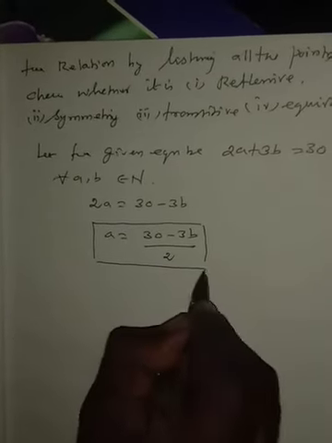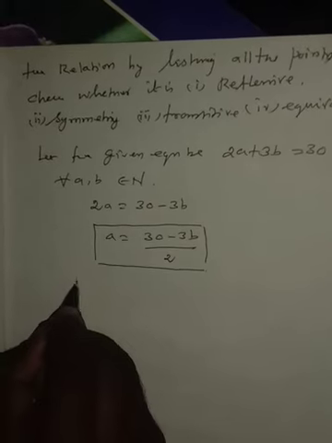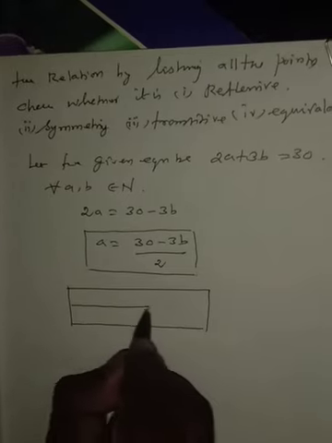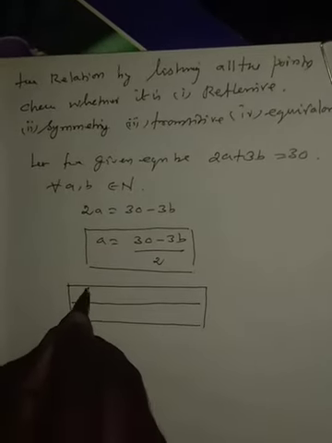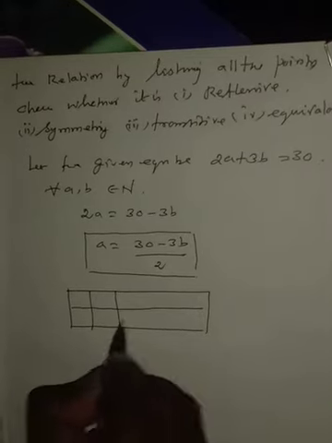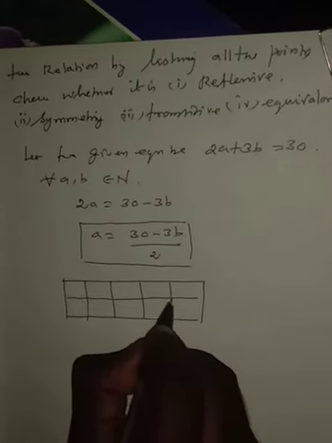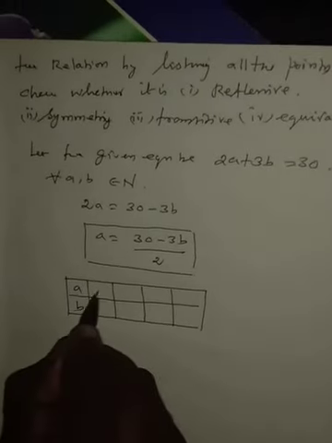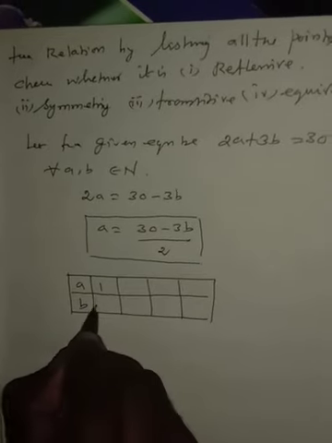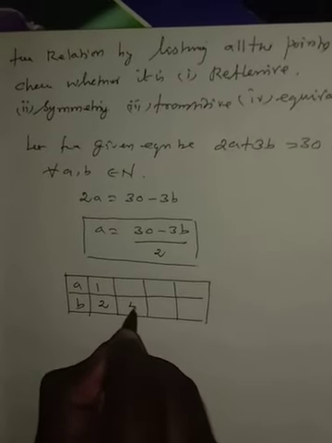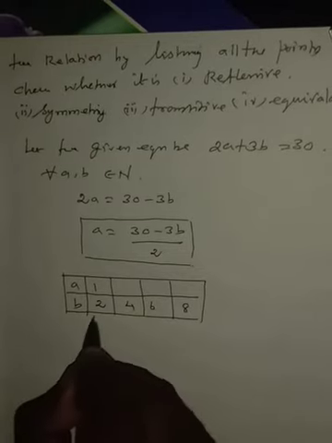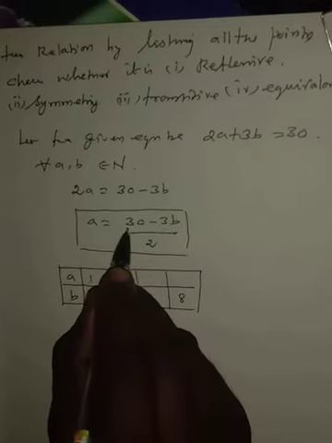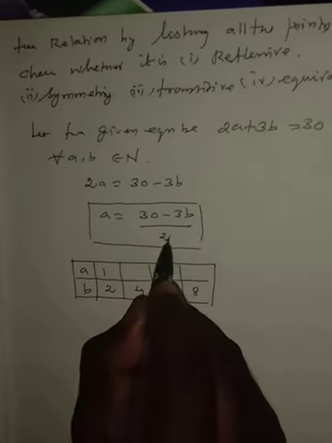Write down the table. A, B. Substitute B is equal to 2. 2 3s are 6. 30 minus 6 is 24. 24 divided by 2 is 12.